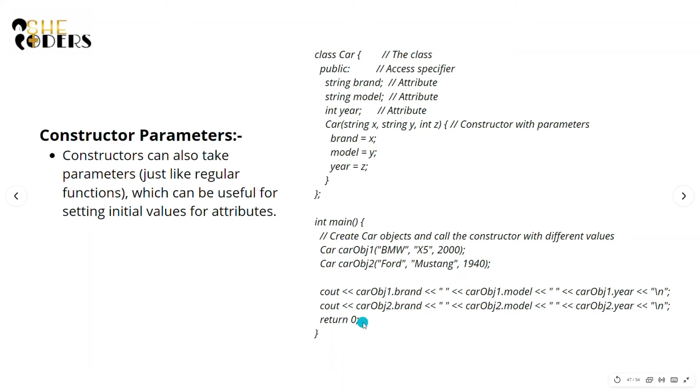Here I have created two objects and given different values to them. Whenever we ask it to show the value of the brand, model and year, it will show the respective values. The first one will be BMW X5 2000, and the second one will be Ford Mustang 1940.